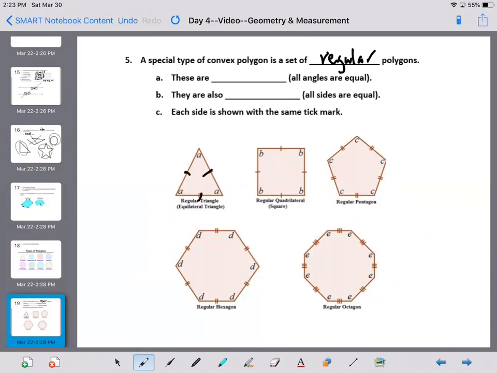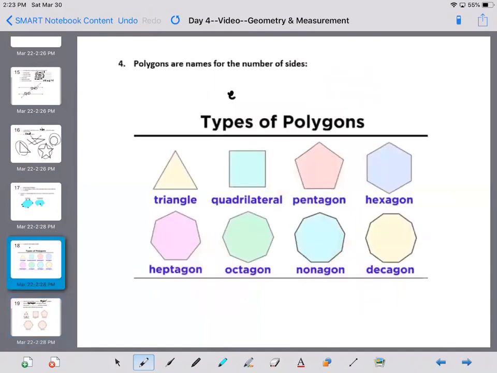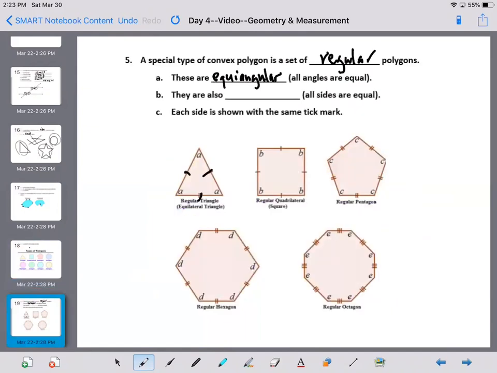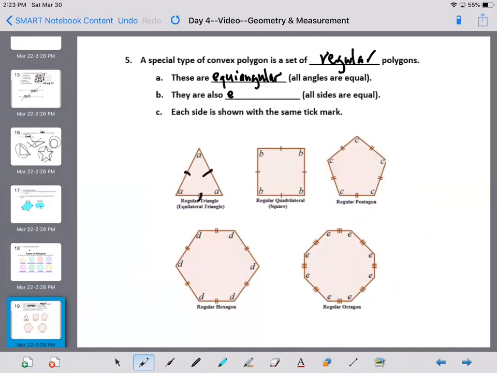And these are what we call equiangular, when we say that all the angles are equal. And then we'll say it's equilateral when we're talking about the sides. So again, the tick marks are representing that all those sides are equal, or you might see double tick marks. If they all contain the same number of tick marks, then you know that it would be regular.